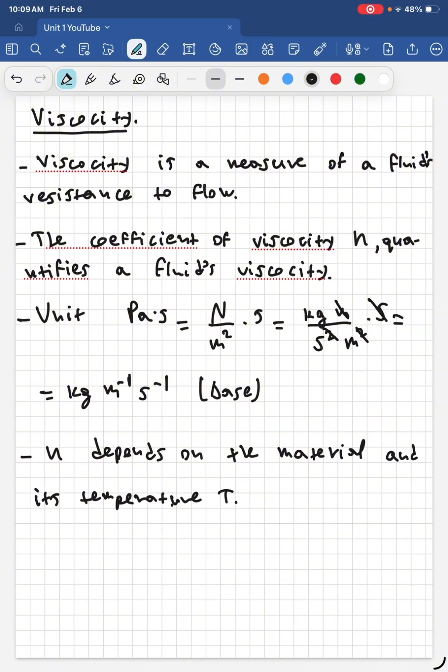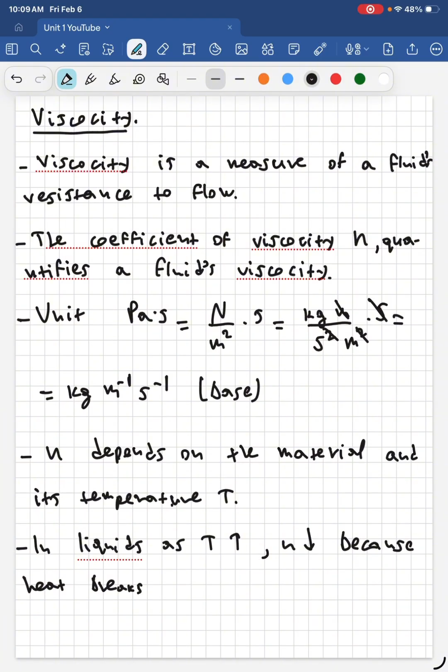In liquids, as T increases, the viscosity decreases because heat breaks molecular bonds, and the flow becomes easier.